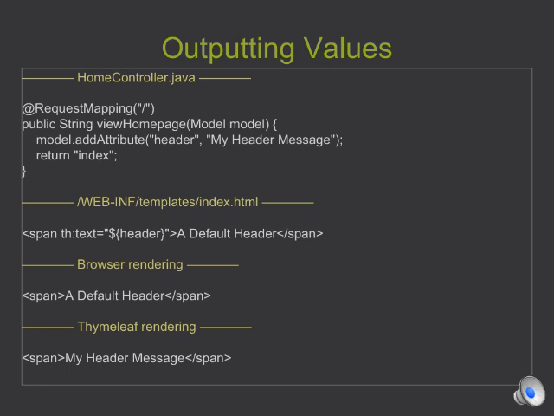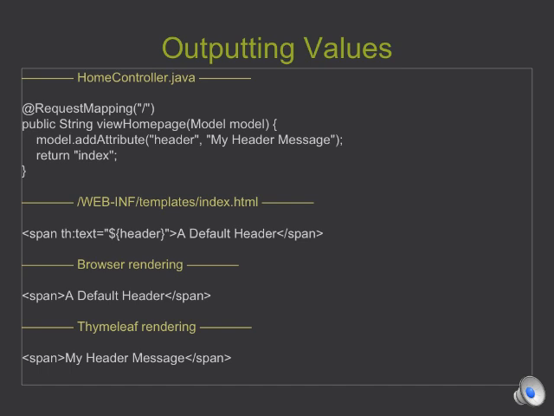And so this is where that natural templating part that I mentioned comes into play. If you were just to take this index.html file and open it up in your web browser, your browser doesn't understand what th:text is. It doesn't mean anything to it. So it'll just render a normal span tag, and inside of that will be the text, a default header.